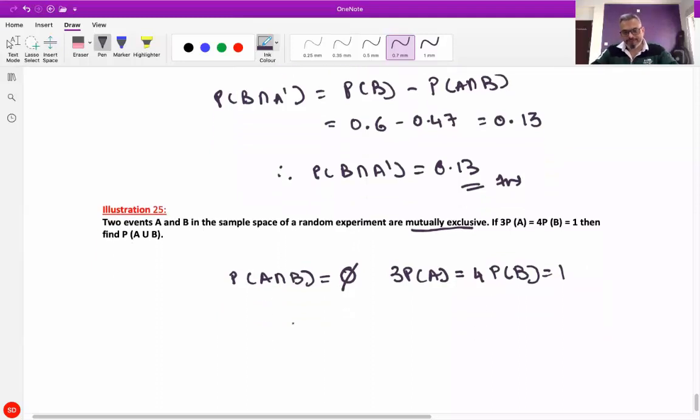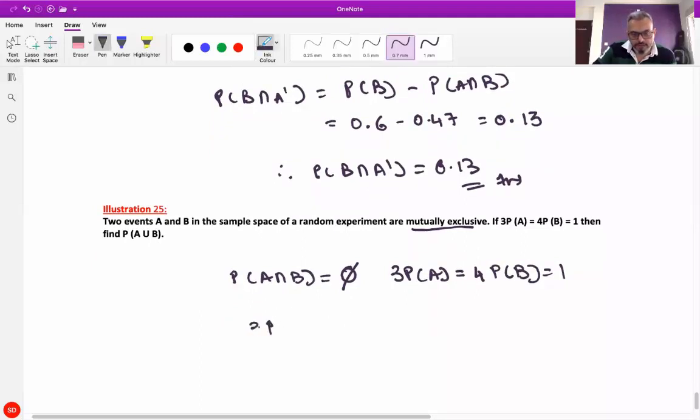Now let's first find P of A and P of B. 3P of A is equal to 4P of B is equal to 1. It means 3P of A is equal to 1.